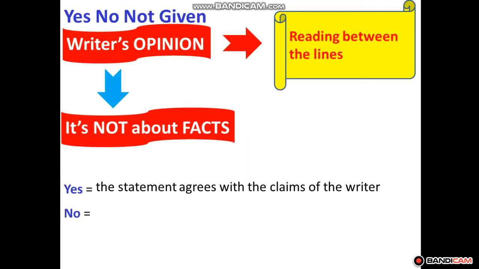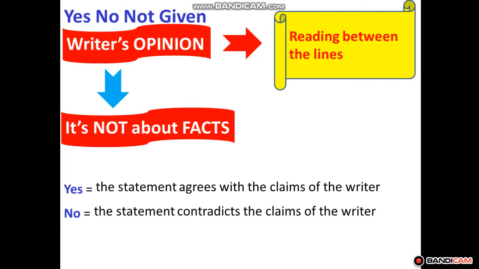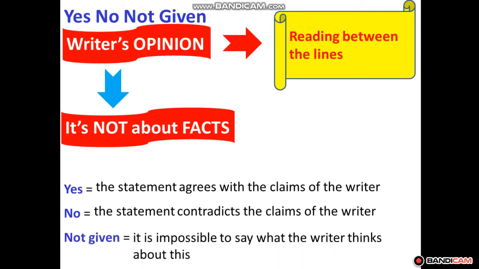And no means the statement contradicts the claim of the writer as given in the passage. Fine? And not given means it is impossible to say what the writer thinks about this. Alright? Fine.